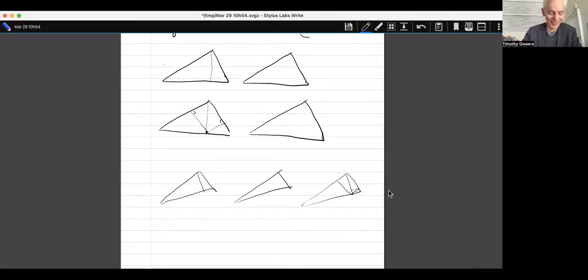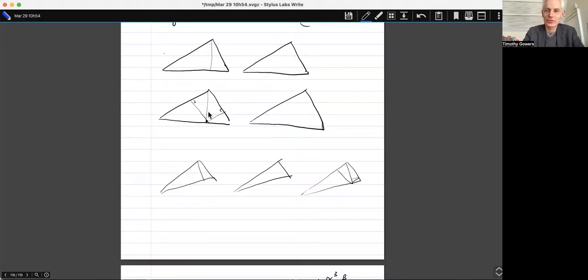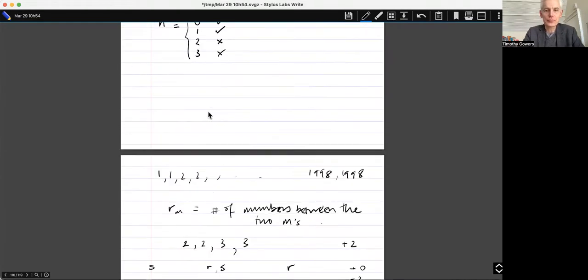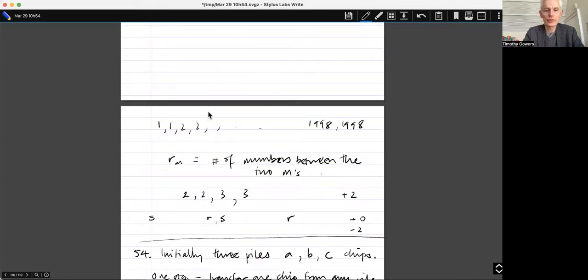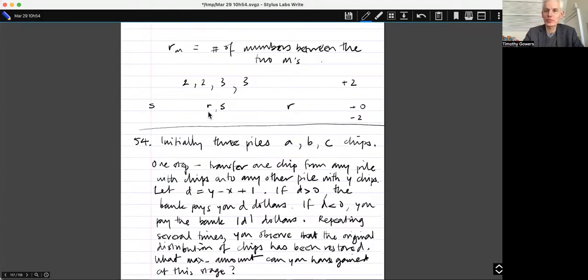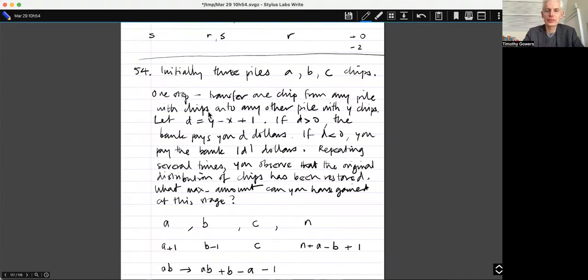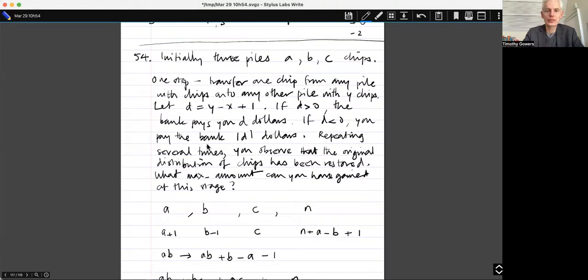I don't know how to do this. So I will carry on a little bit and just maybe talk through the solutions that I've just been finding. That is annoying.